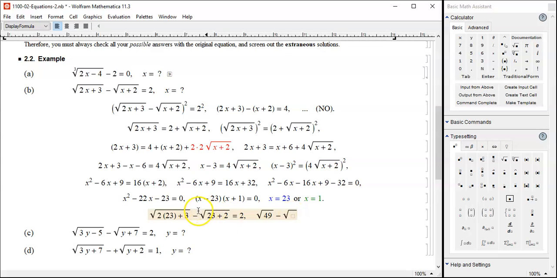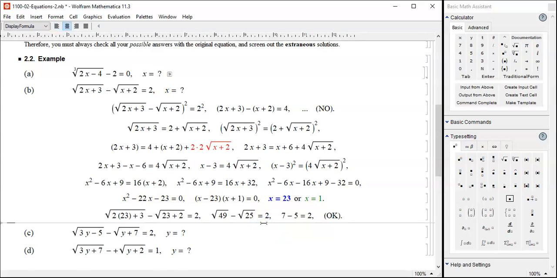Minus square root of 23 plus 2, that's 25, equals 2, so that is 7 minus 5 is equal to 2. That's okay. So this is good. This is a solution.